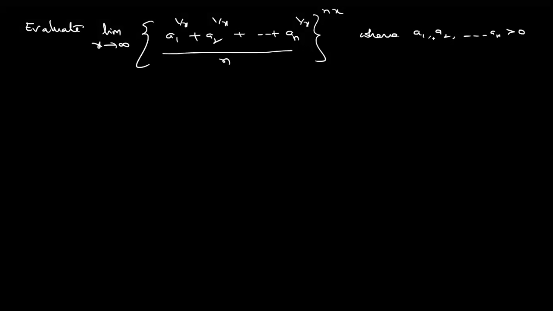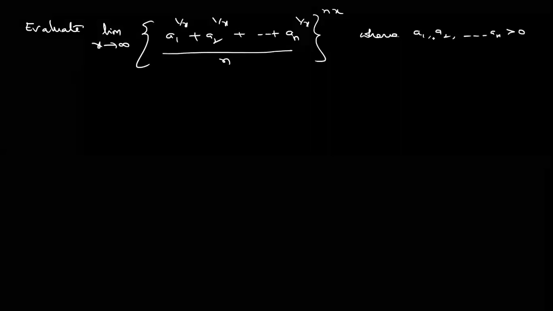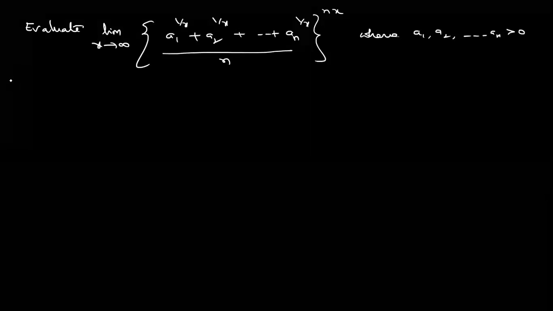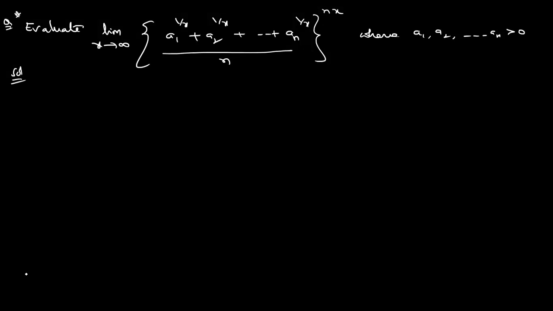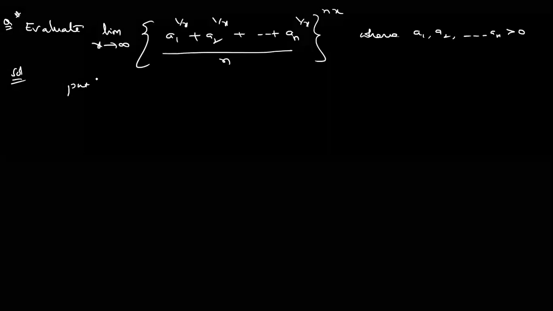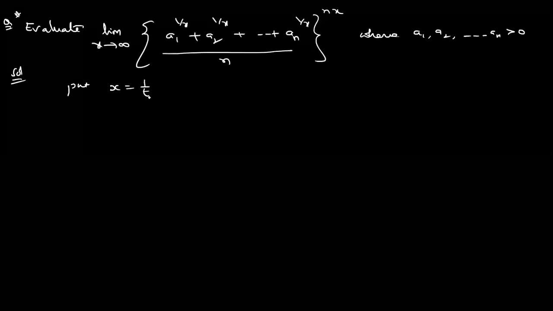So, dear student, for this type of model, what to do? First of all, directly put x = 1/t. When x tends to infinity, what about t?